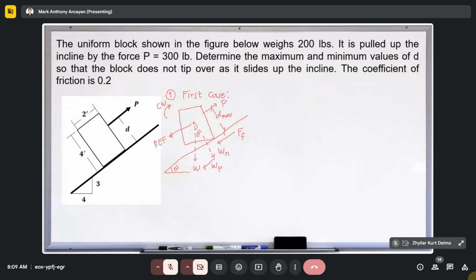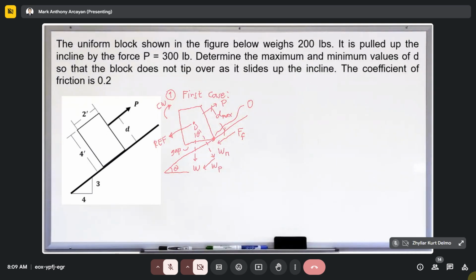And I'm exaggerating the gap here. There is a gap. I assume that the point of contact between the block and the inclined surface is only this point. And that's where the frictional force acts. And we will assign this as point O. Point O.